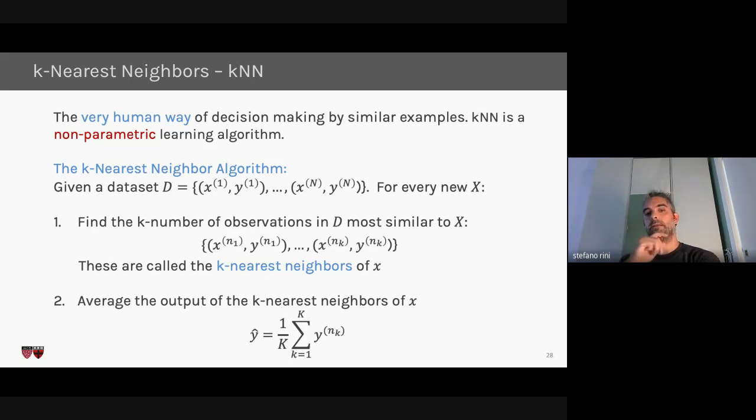Of course, this operation of average can be infinitely complicated if, for example, your y is a text. Let's say that you have a data set of query response. Let's say that you find the most similar queries in a data set, and then you want to produce the average response. Of course, this is a natural language processing task.